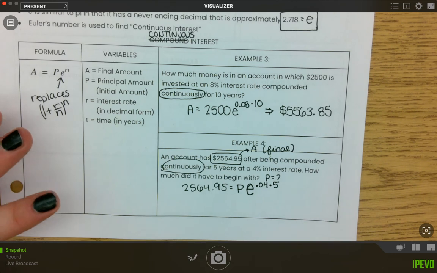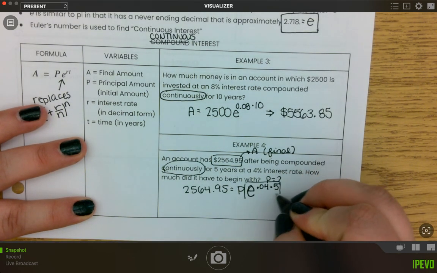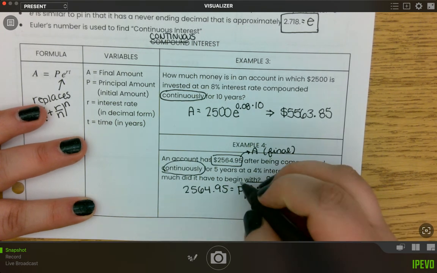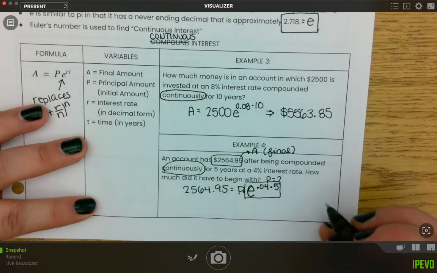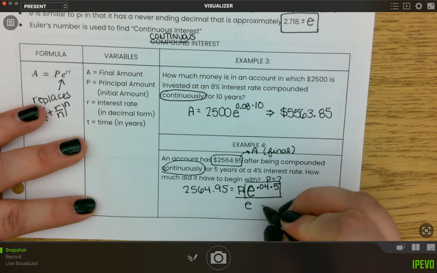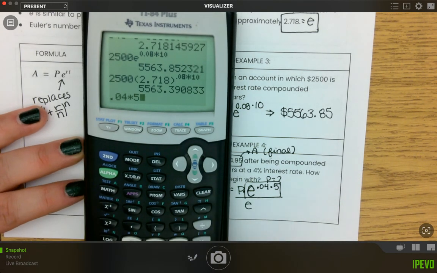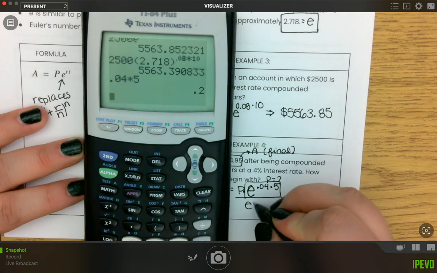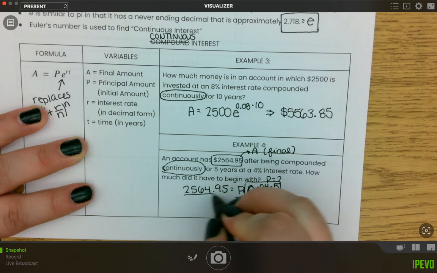Now this right here is just a number. It is being multiplied by P. We've done something kind of similar to this before. So what we need to do is divide by e to the power of, and I'm actually going to do 0.04 times 5 really quick, just to make my problem a little bit simpler on both sides.